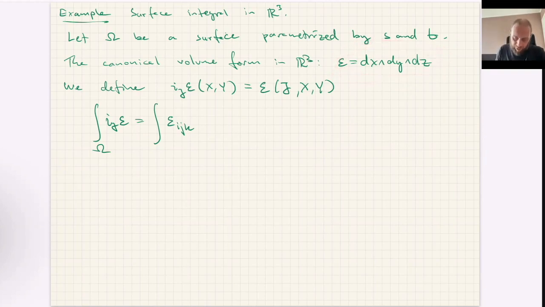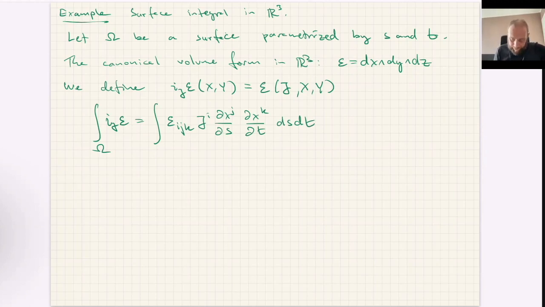Then in the first argument we put J^i. In the second argument we put the first tangent vector, that's x_s^j ds. Then we put x_t^k dt, the second coordinate, ds dt.